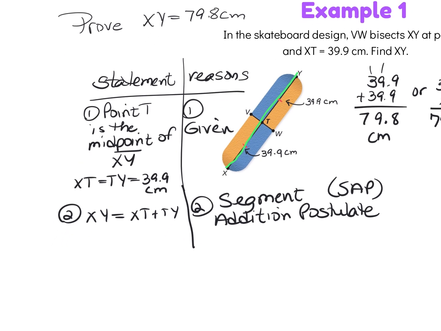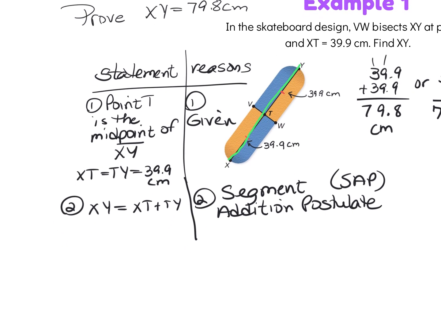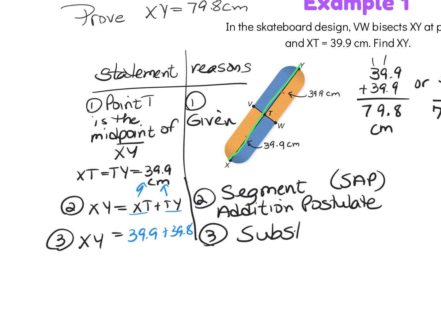Now, because I was given the length of XT and TY, I'm going to do some substitution. I'm going to take out XT and TY, and I'm going to put what it equals. So now I'm going to show that 39.9 plus 39.9, and the reason why I can give this statement is substitution.